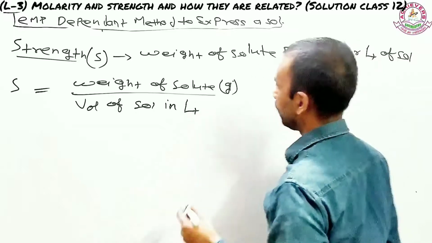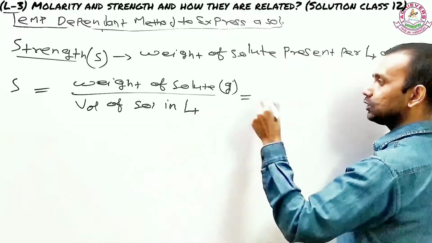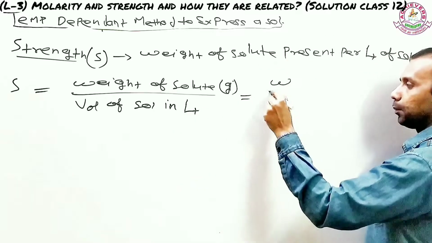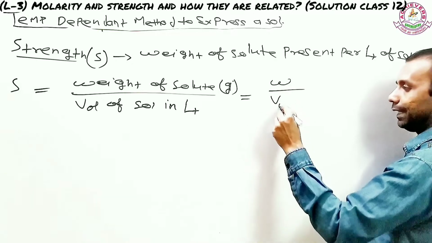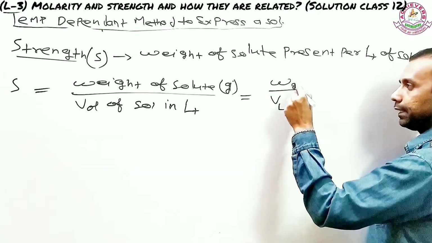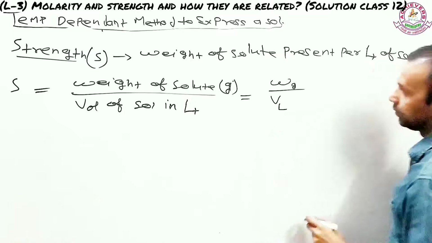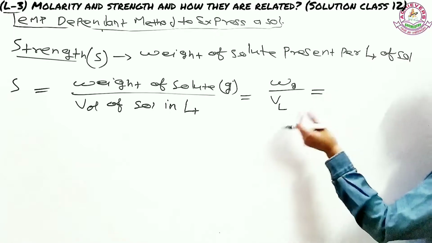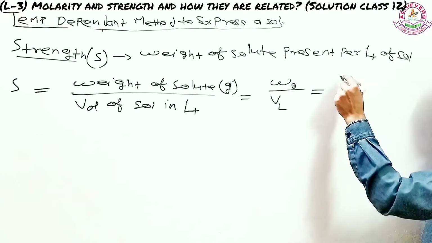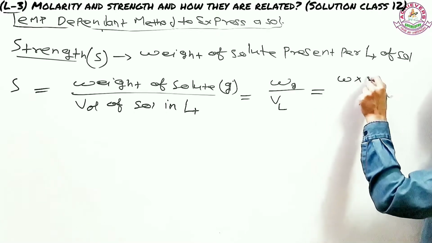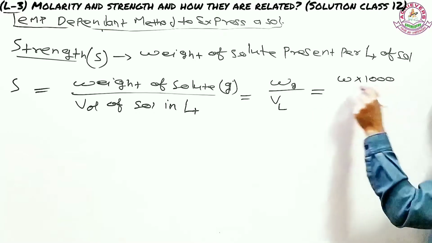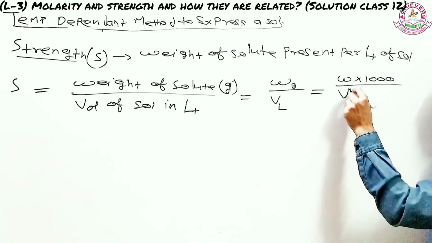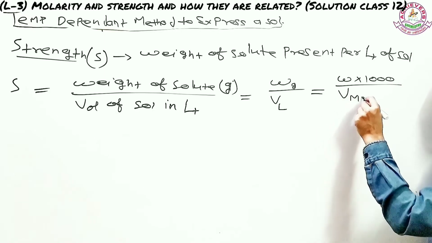Convert it further. This is going to be W by V_L, W in gram upon V_L. Now, if this is further expanded, it will be W into 1000 divided by the volume of solution in milliliter.